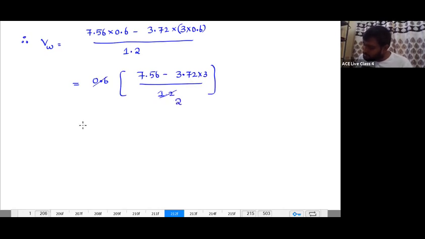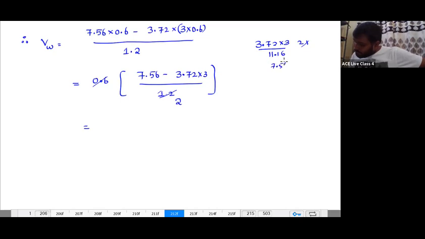0.6 by 1.2 is going to be 2. Now 3.72 into 3: 3 twos are 6, 7 threes are 21, 3 threes are 9. So it's going to be 11.16. So 7.56 minus 11.16 by 2.